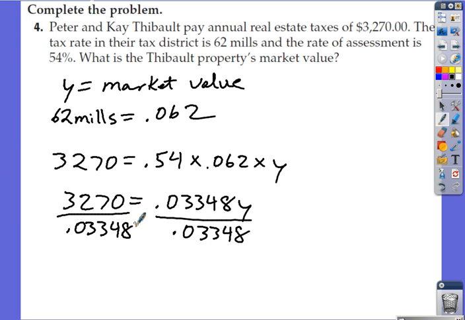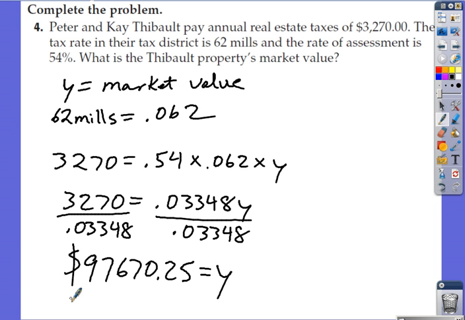And you get $97,670.25 equals the market value of your house.